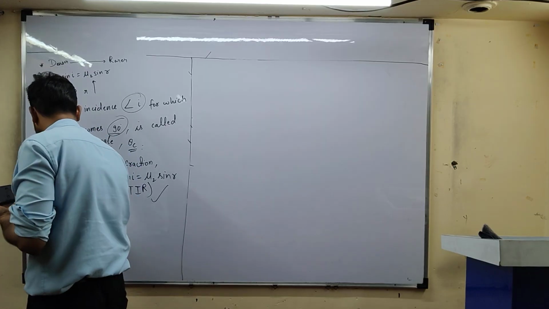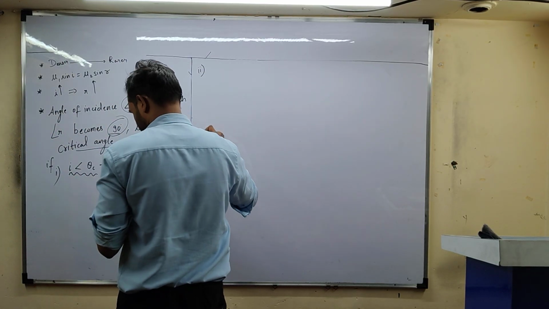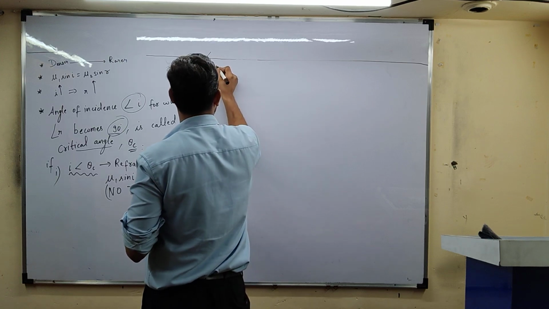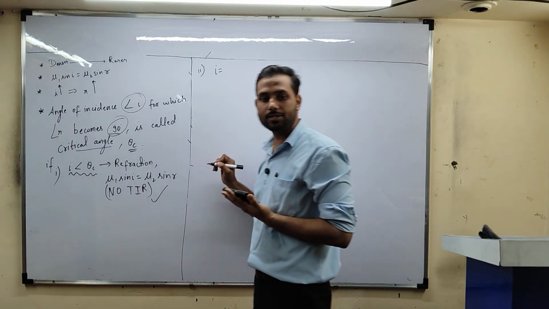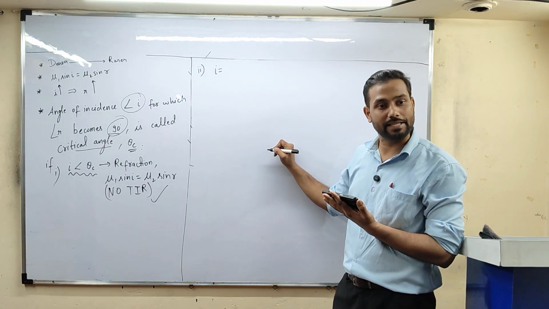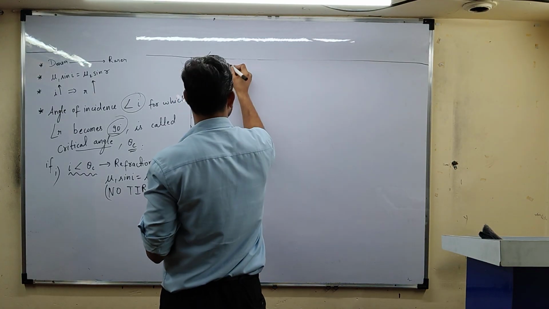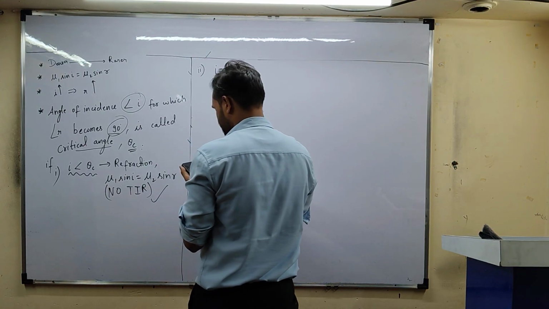This is first scenario. Second, what if angle of incidence is equal to the critical angle? That means angle of incidence becomes theta c, R becomes 90 degree.